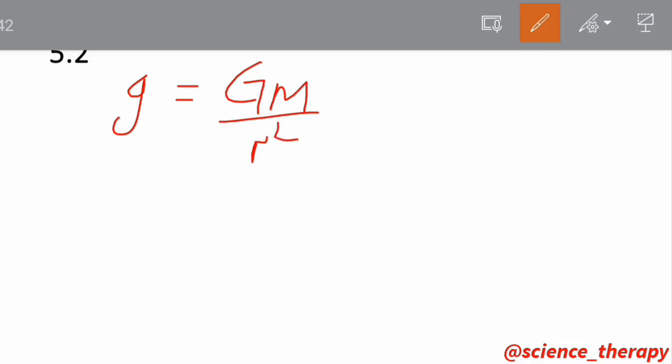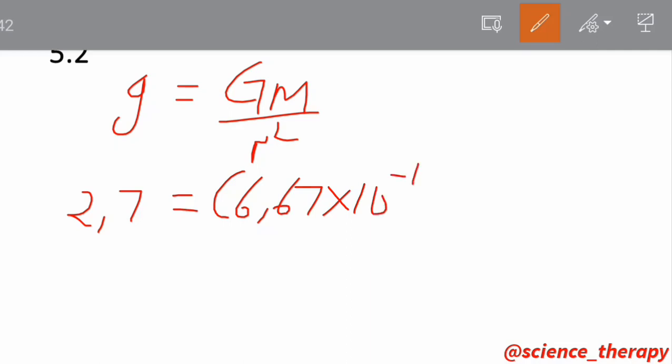Then we are given the gravitational acceleration. Remember, you won't substitute 9.8 because we are not on planet Earth, right? Then our G is 6.67 times 10 to the power of negative 11. What are we looking for? We are looking for the mass, so we just substitute that m.